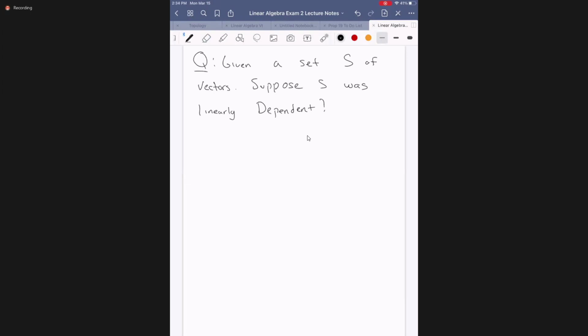How can we change S to be linearly independent? Suppose I give you a set S, and you put it in your matrix and found that you didn't have only the trivial solution. You had infinite solutions. Is there anything you can do to modify this set S to make it linearly independent?